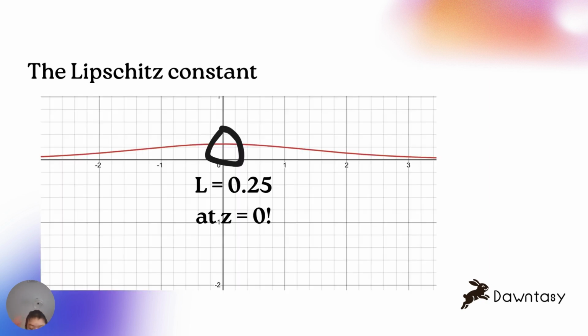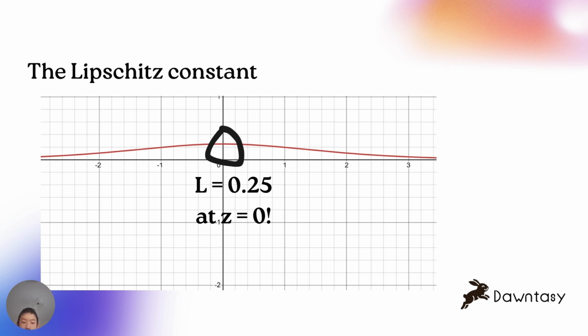As we discussed, 0.5 output of sigmoid means that z is 0, that the input of the sigmoid is 0. And it turns out that the derivative is the highest here. When we have the maximum derivative, it's formally called the Lipschitz constant of a function. It's like the speed limit of the function, a cap on the derivative, like the maximum it can go, basically.